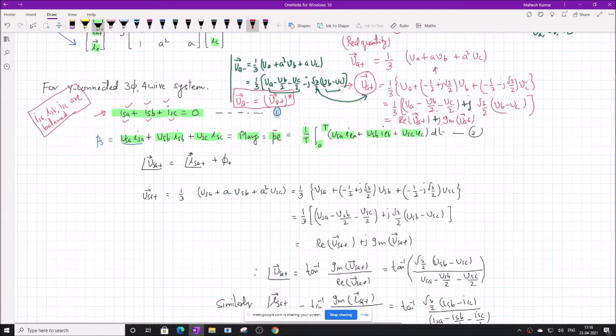This is the average load power. This is the real power that the load is consuming, apart from the reactive power or harmonic power. This is the real power that the load is consuming, and it has to be supplied from the source. The rest can be supplied from the compensator, obviously.